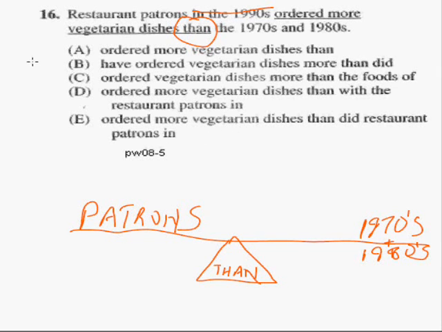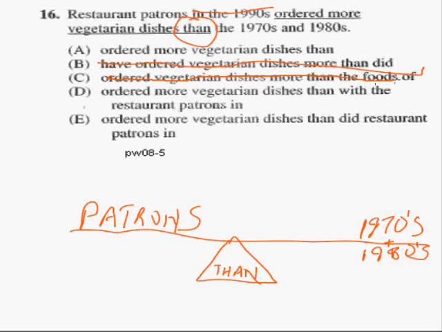And so, again, with the sentence improvements, A is the sentence is fine the way it's written. Well, we already know that it's not fine, but anyways, you would start with B. Does that improve it? C, D, E. If none of them improve it, then it's fine the way it's written. So, restaurant patrons in the 1990s have ordered vegetarian dishes more than did? No. Ordered vegetarian dishes more than the foods of?